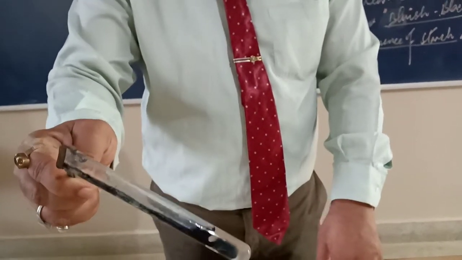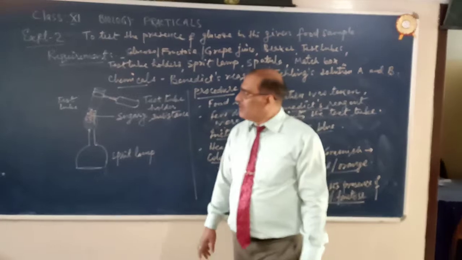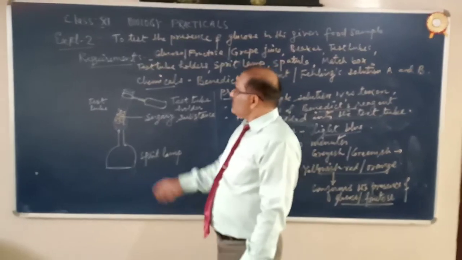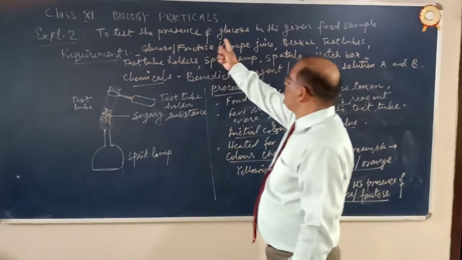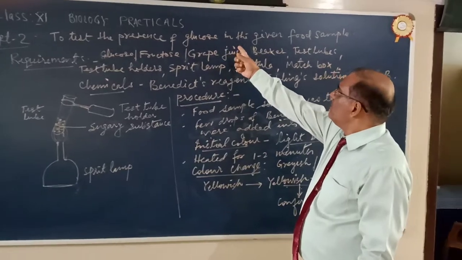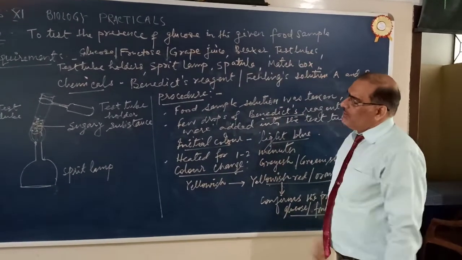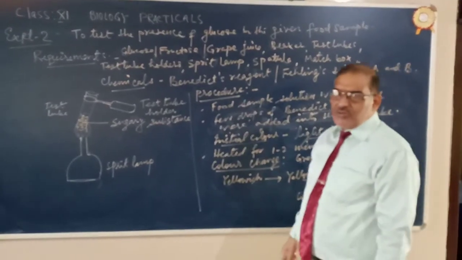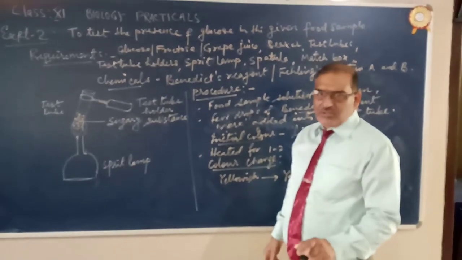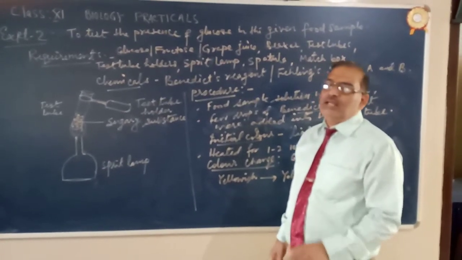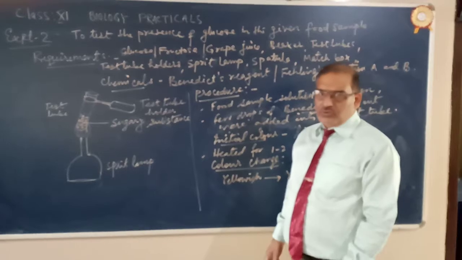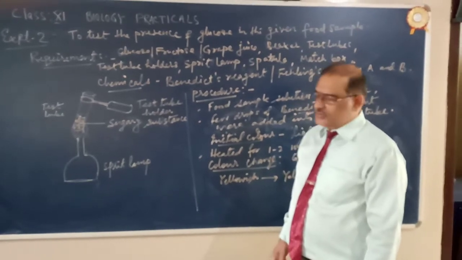That's all. Now, hello students, let me discuss the test for the presence of glucose or sugar in the given food sample. You have to test whether this food sample contains glucose or fructose or sugar or not.